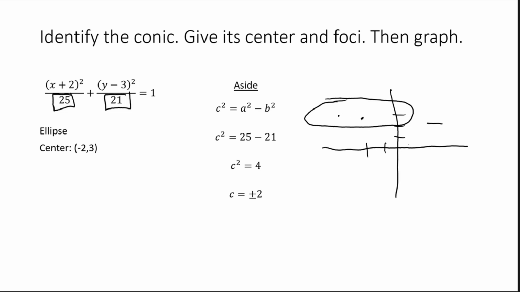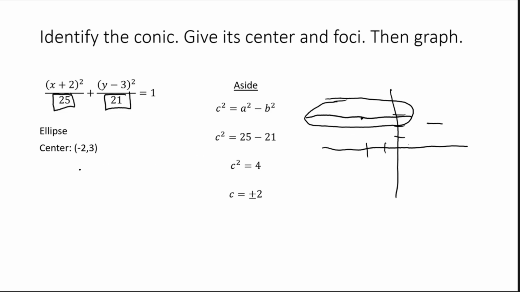So with that being said, your major axis is going to cut across like this through the center. And we know that the foci will be on that major axis, which means we need to add or subtract the c value from the x component of the center, right? Because it's being shifted left and right.